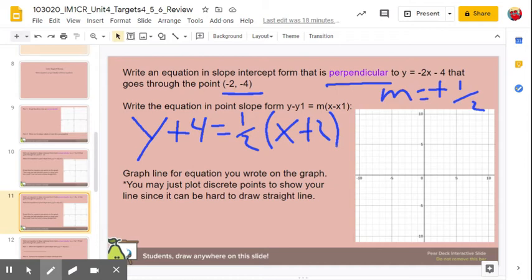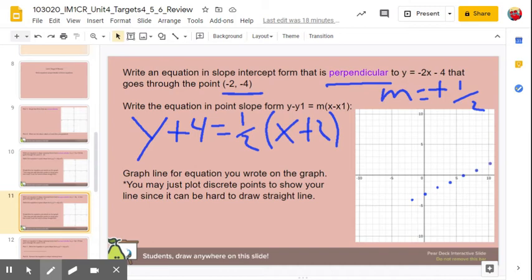All right, so now to graph it, we have the point (-2, -4). So I go from the origin (0, 0), I go left 2, down 4. Boom. So the line goes to that point. Now we're going to use the slope to find other points on the line. It's positive 1/2, so I go up 1, right 2, up 1, right 2, all day long.